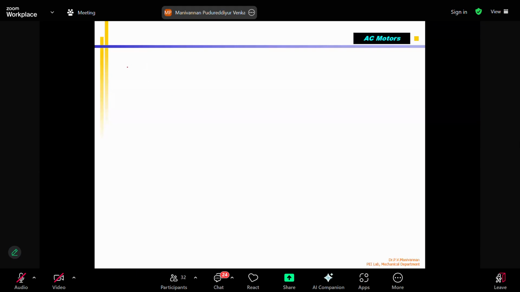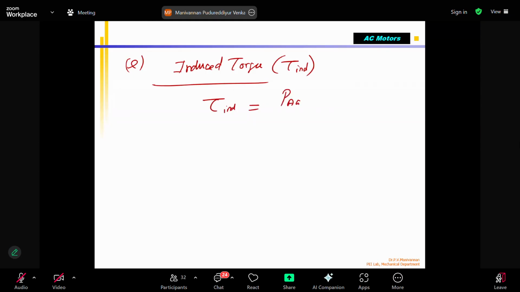Okay, so the next part asked is to compute the induced torque, which is called tau induced. The formula, there are two formulas. One formula is PAG divided by omega synchronous speed. Now, I think in the problem they are given.